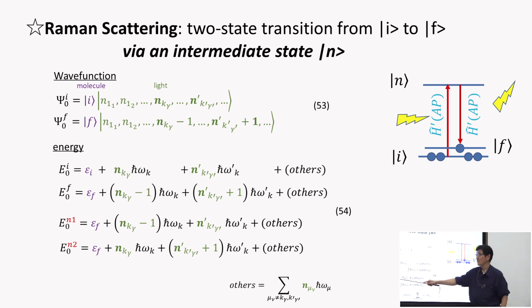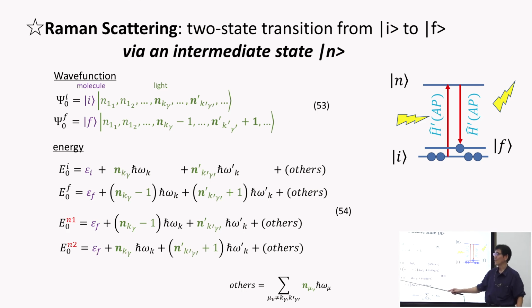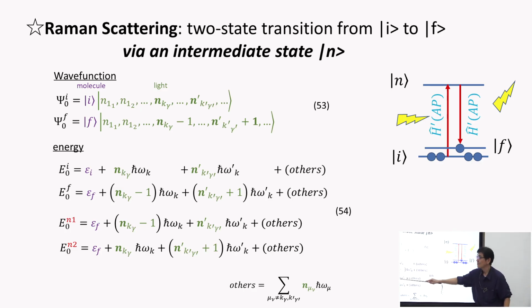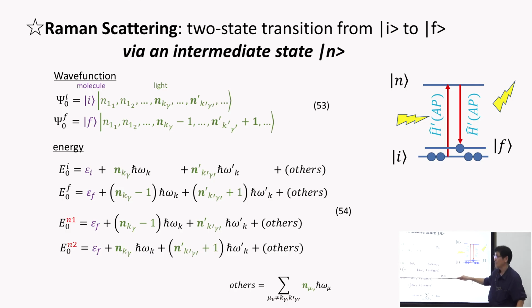In the first intermediate, the photon quantum number decreases 1, and so from initial to N1 state, the quantum number decreases 1, and during the transition from N1 to F, the quantum number of the other part increases 1.